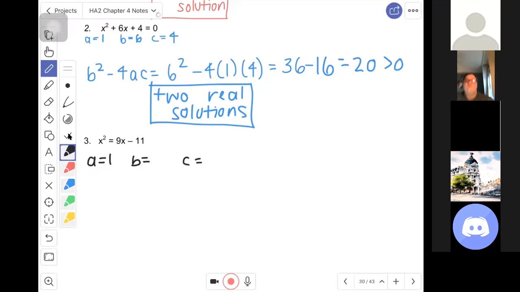So we got to bring everything to one side. Very important step when you're using the quadratic equation or quadratic formula or the discriminant. You need to make sure everything's on one side. So then, Julia, what is our B and C here? So then our B would change to -9 and then a +11. Yeah, good.